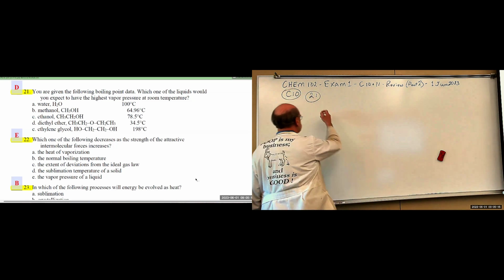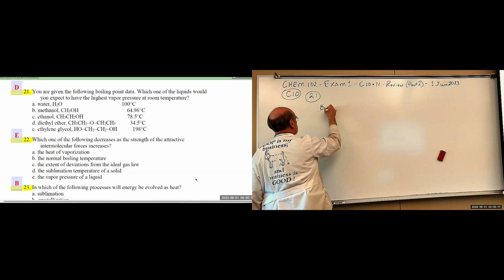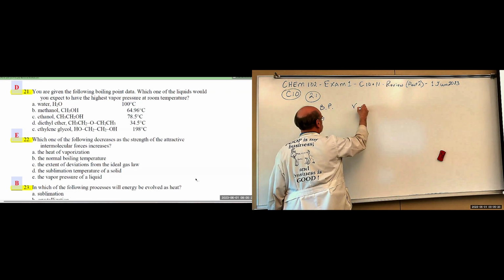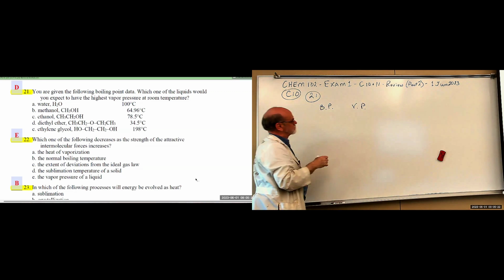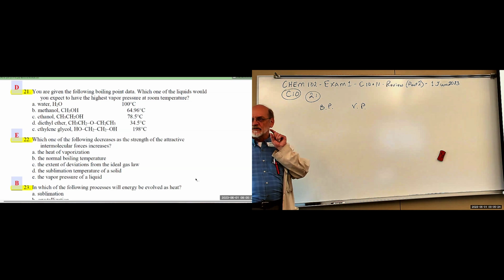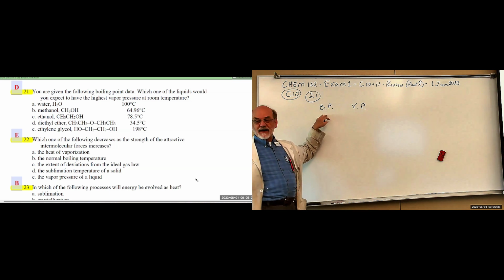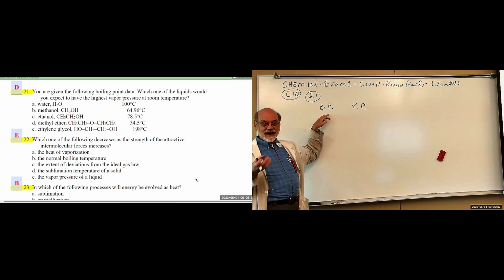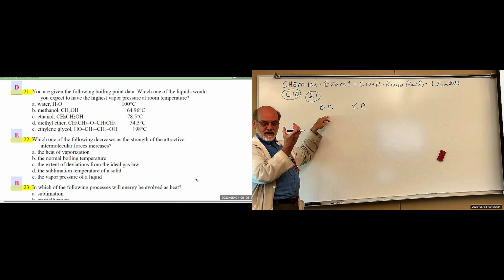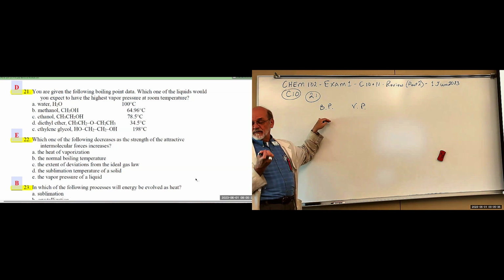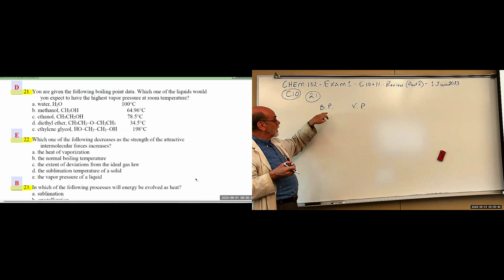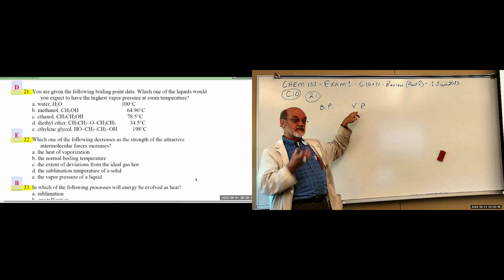So what's the relationship between boiling point and vapor pressure? Think about it in terms of intermolecular forces. If the boiling point is high, the intermolecular forces are also high. And high intermolecular forces hold those liquid molecules more strongly, so they don't vaporize as readily. So as the boiling point increases, vapor pressure should go down.